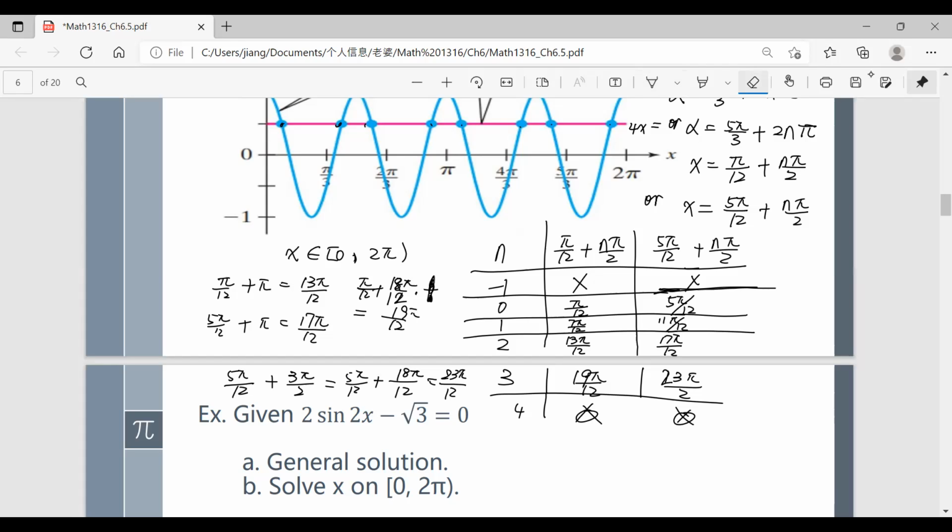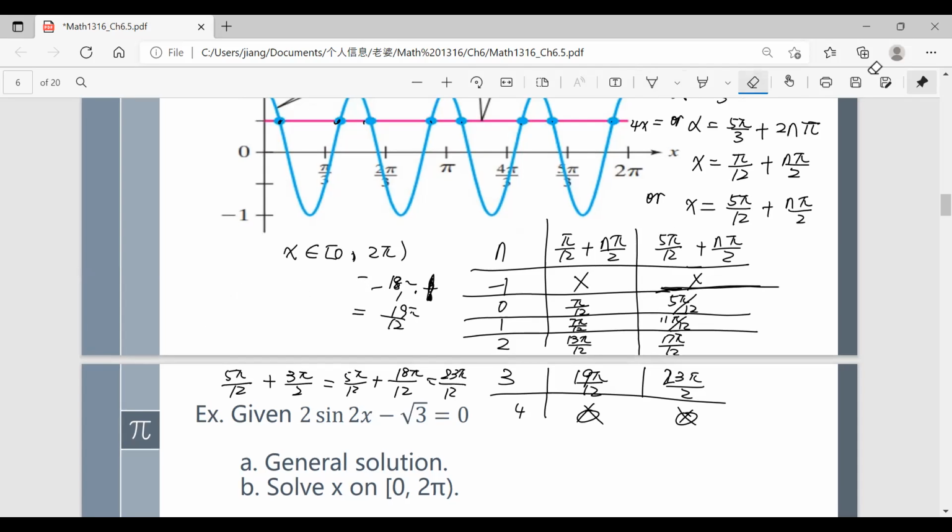So let me clean up this area. So list all the x values in 0 to 2 pi.